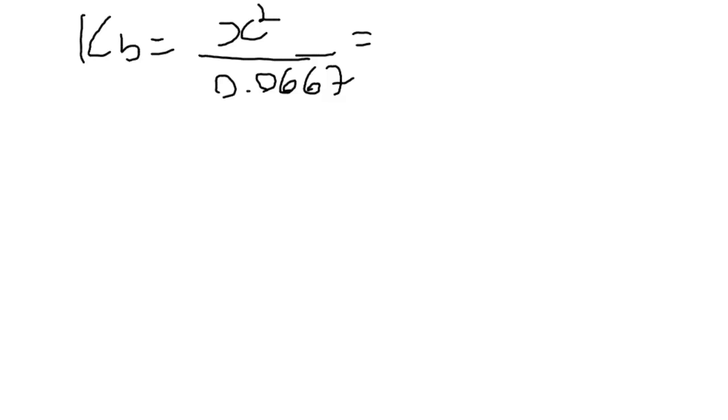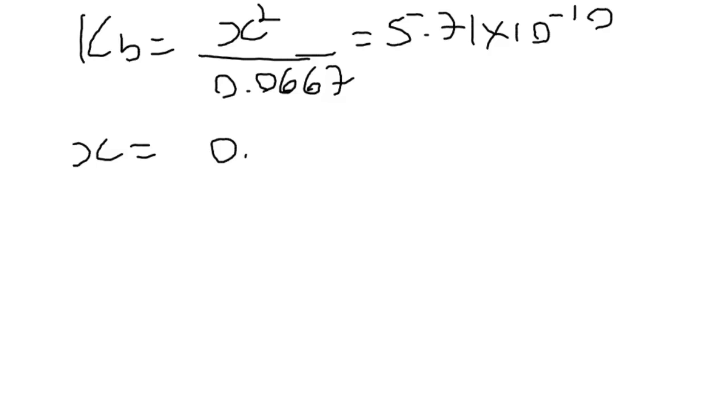Okay, Kb is going to end up being x squared, products, over 0.0667. And we know that that equals 5.71 times 10 to the minus 10. So now we can solve for x.